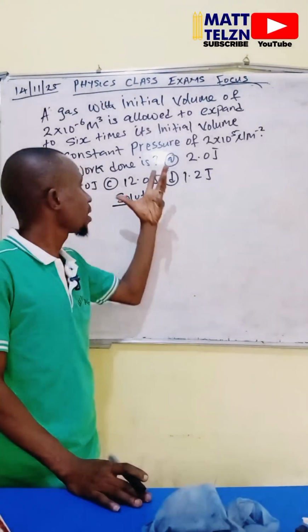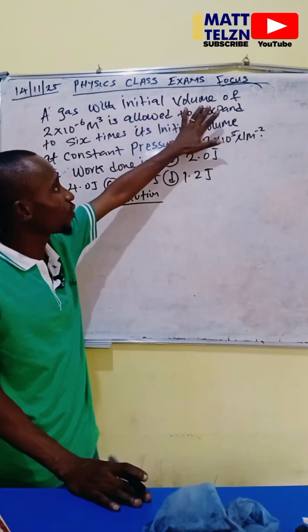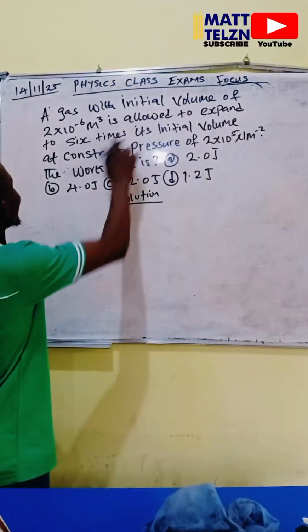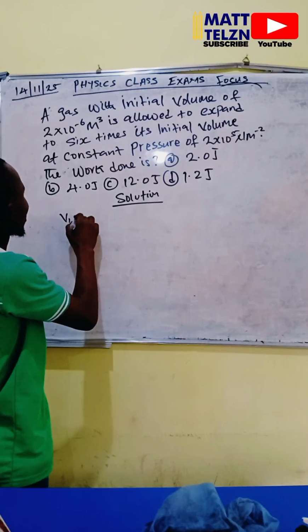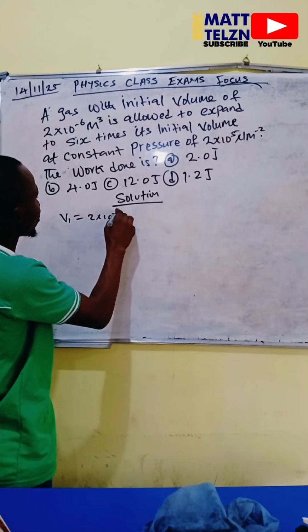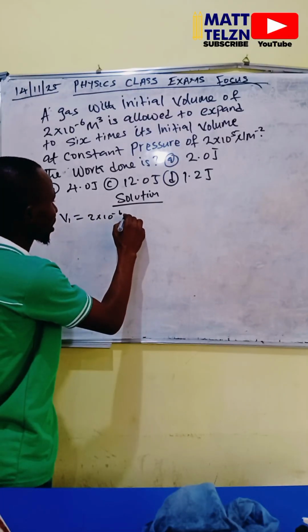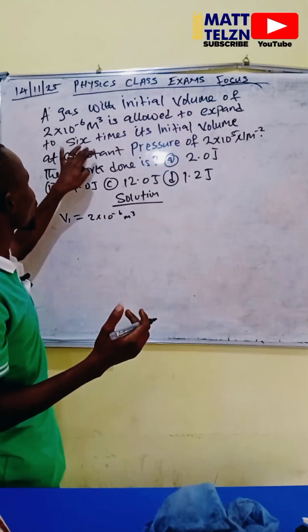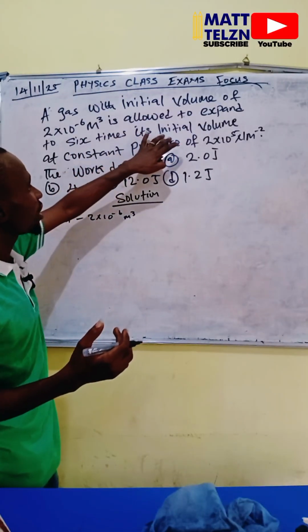Take note of the question. The initial volume, which is my V1, right? I have my V1 is equal to 2 times 10 raised to power minus 6 meter cube, right? Is allowed to expand to 6 times its initial volume.